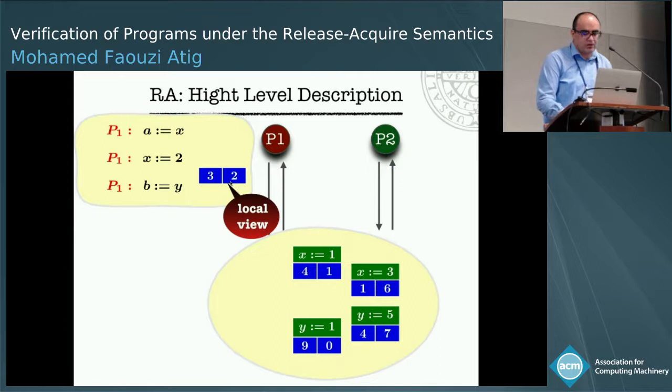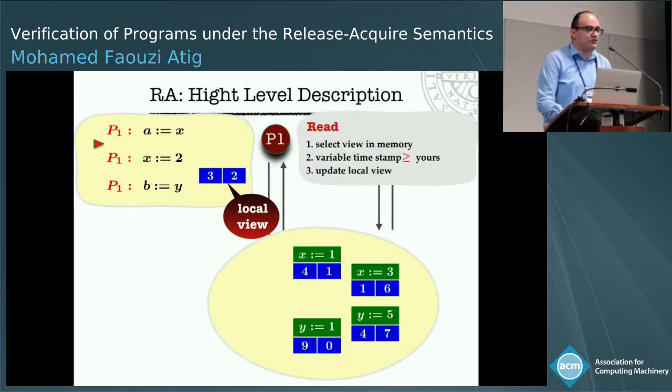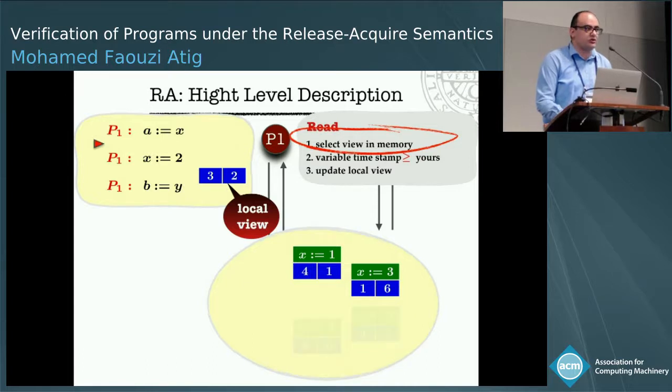Now, when this process tries to do its first read operation, the value of X, it will first discard all the messages in the memory that concern the variable Y, since it wants to read the value of X. Once we have done this, we look at the timestamp of X, the view of that process for the variable X, and here we have 3. And we compare it to the remaining messages.